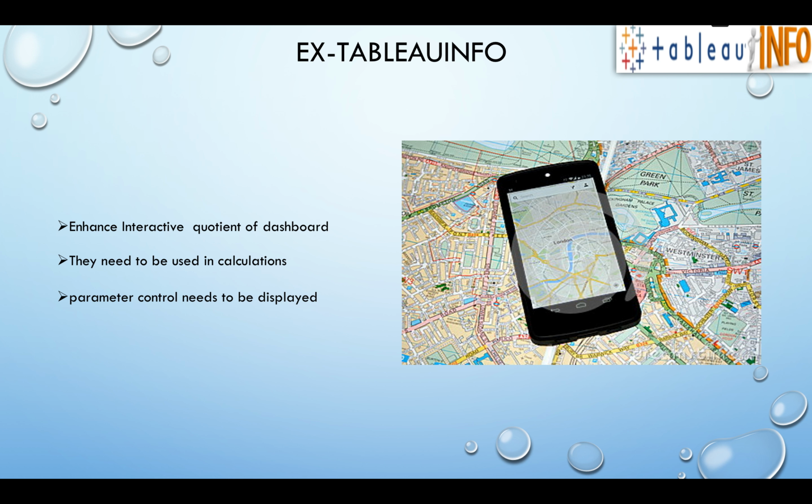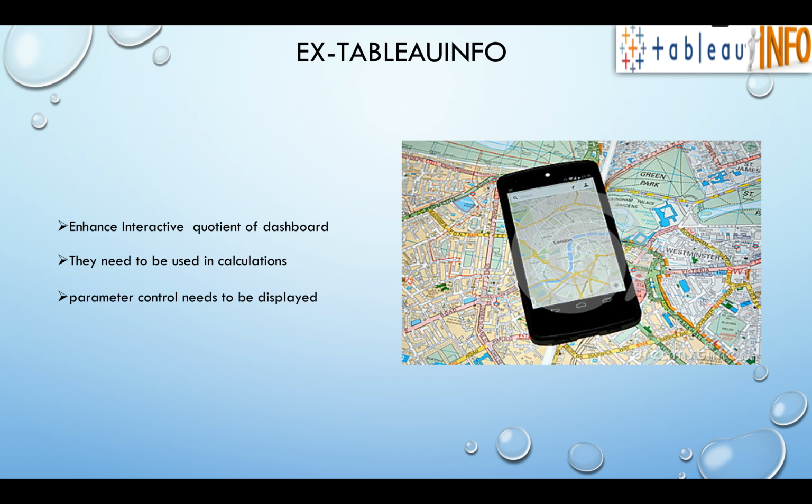It enhances the interactive quotient of your dashboard. Parameters need to be used in calculations. A parameter is neither attached to nor detached from the data source, and that is a property you make use of. The parameter control also needs to be displayed.